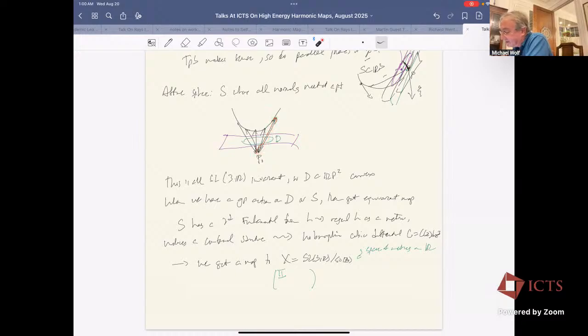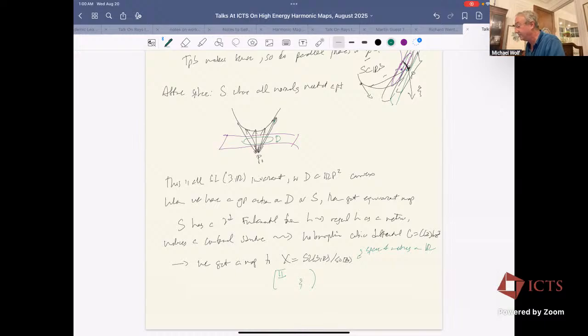If you want to measure a vector, take the ratio of the length of the vector you want to measure to the normal vector. I don't have very good notation, psi in some sense. And that defines a metric on R3, and it defines then also a map to SL3R mod SO3.